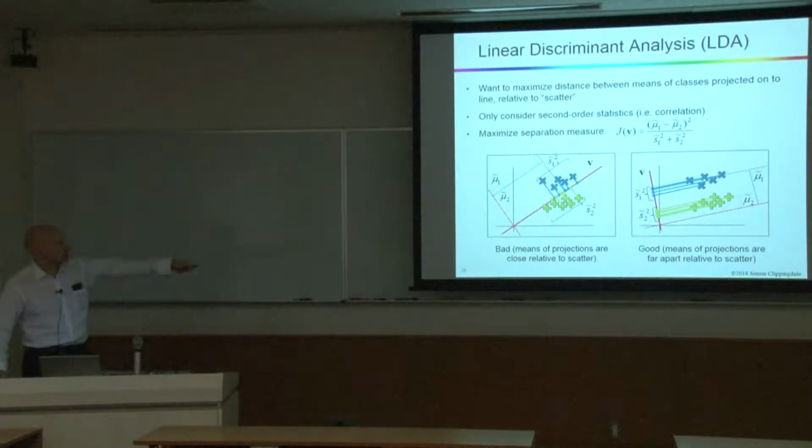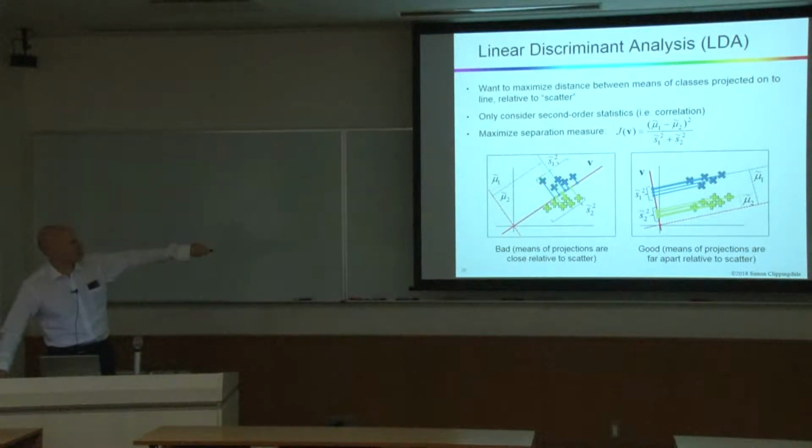So in this case, project all the data points onto this orange line, then the distance to the mean of the projections of class 1 is this thing here, mu1, and the distance to the other projected mean is mu2 here. The scatter is this thing on the bottom here, S1 squared plus S2 squared.